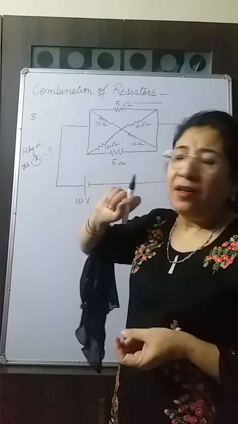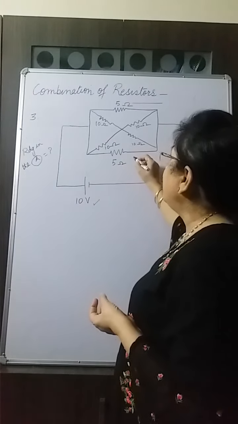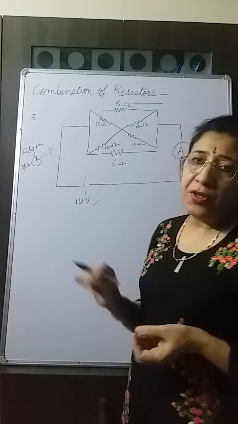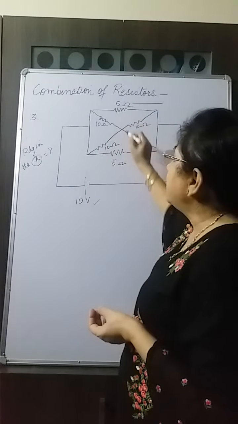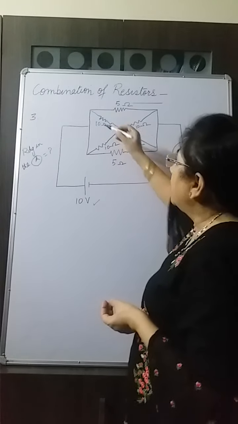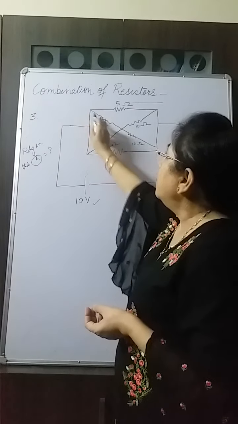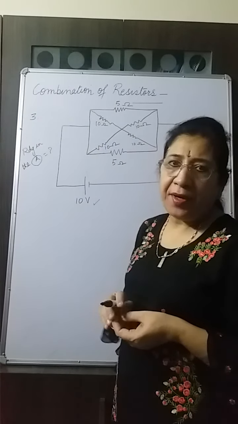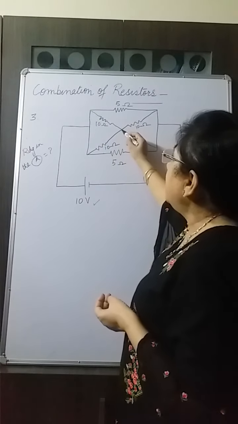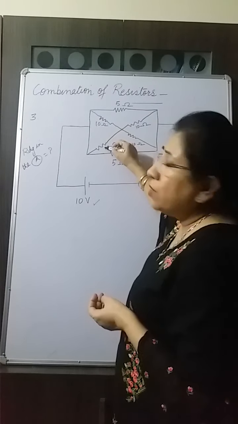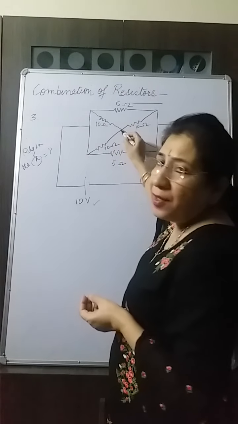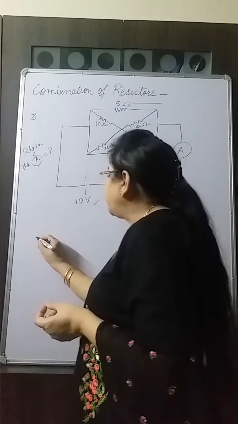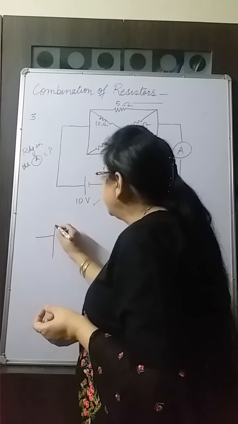So for that we have V, but we have to find the equivalent resistance of this mixed combination. If we see this mixed combination, here 10 ohm and 10 ohm and this 5 ohm, they are starting from one same point. But here the first two 10 ohms, they are closing here. So I can redraw this combination like this.